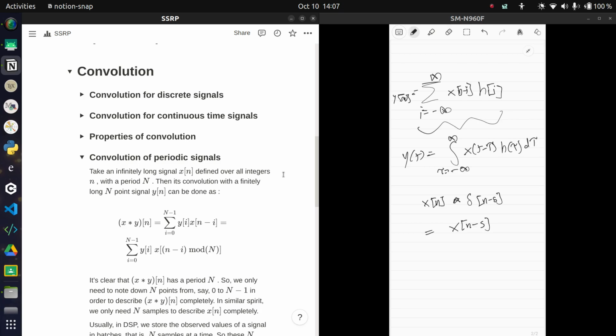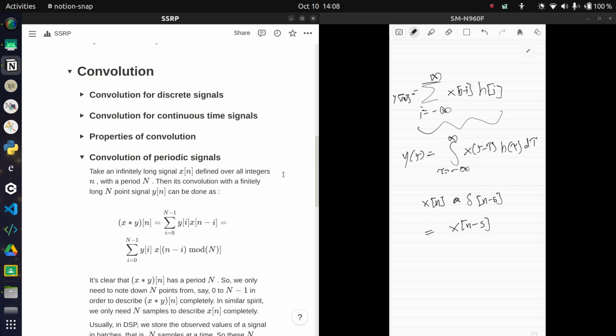Let's just say that y of n is a period of the full signal, and x of n is some random n-length sequence, which you think of as a signal, of course.